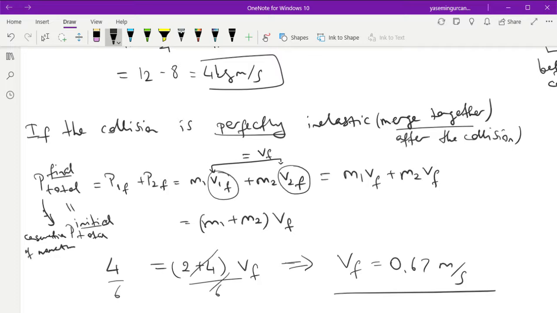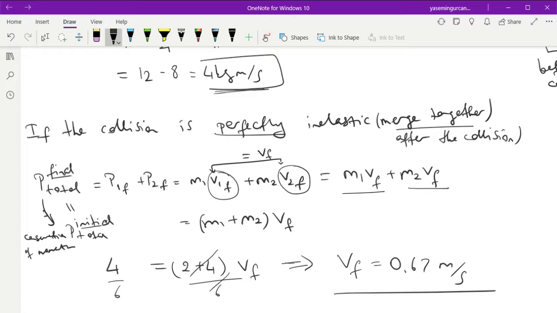Previously I found that the total initial momentum was 4, so I just substituted there. 4 is going to be equal to the final total momentum, so I'm writing this expression that I derived from total momentum of these two objects, where you have m1 v final plus m2 v final. Because they merge together, their velocity is the same.